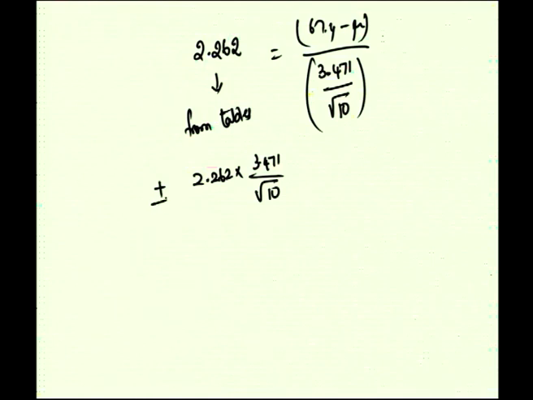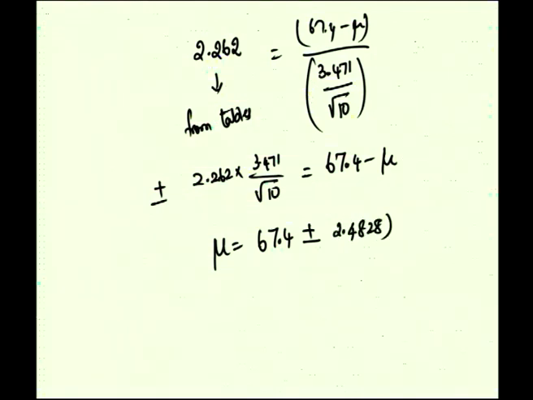Here you are having plus or minus because of the modulus, which is 67.4 minus mu. Therefore, mu is equal to 67.4 plus or minus 2.4828. Okay. Adding you will have one value and subtracting you will have another value. So, the values are 64.917 and 69.8828.